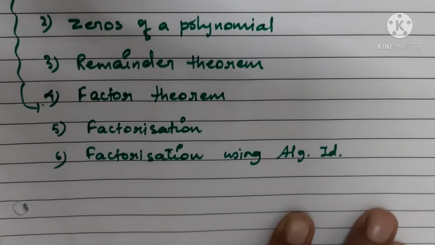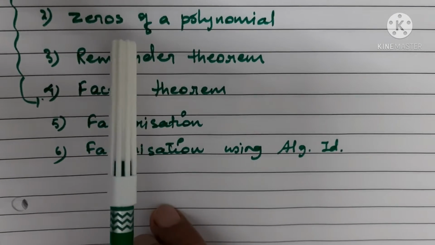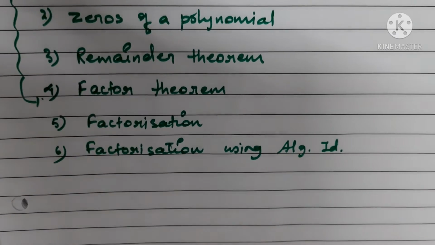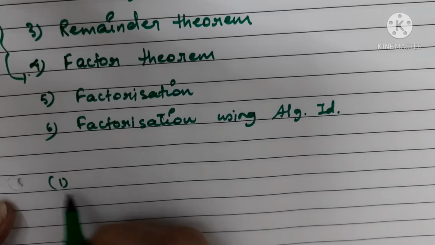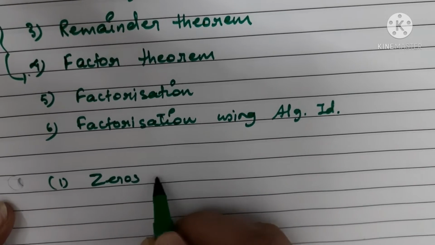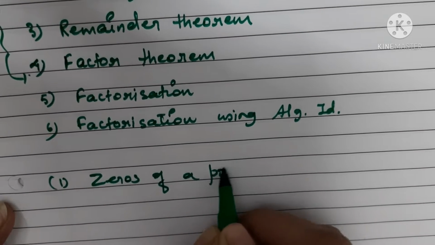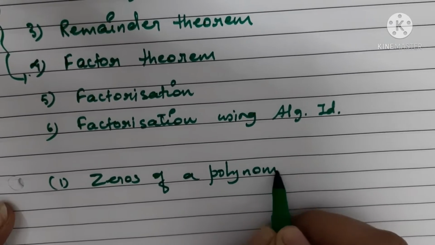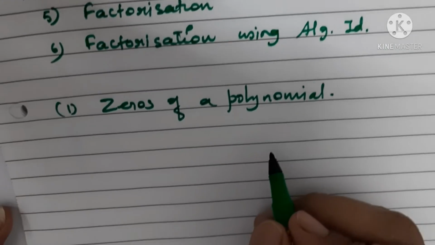So let us try to understand what then is a zero of a polynomial. We'll start today's topic with zeros of a polynomial. To understand this, we'll take one example.